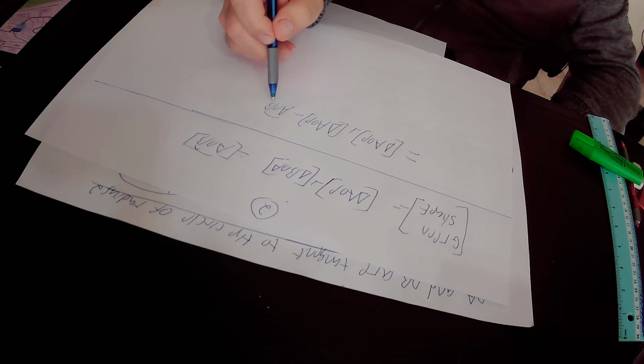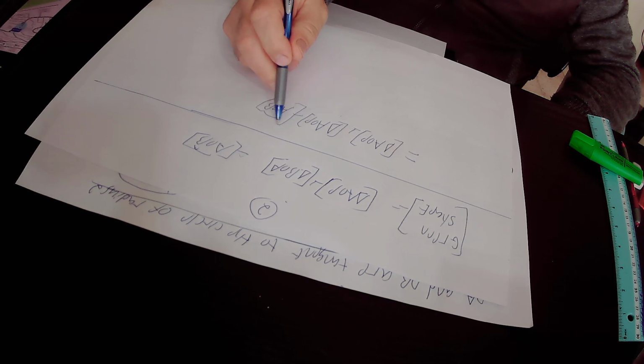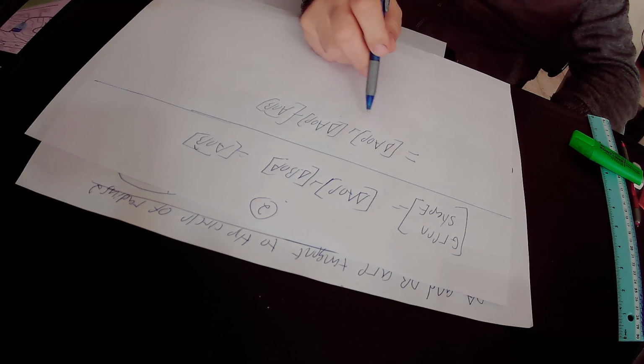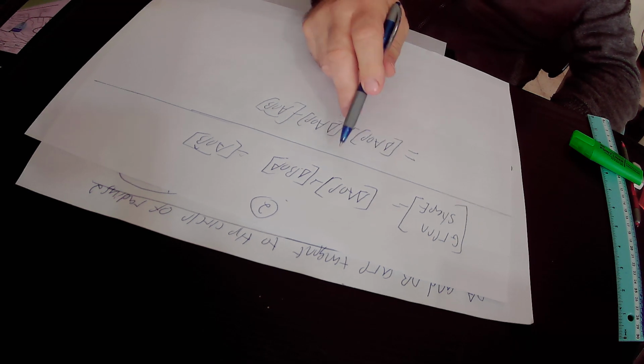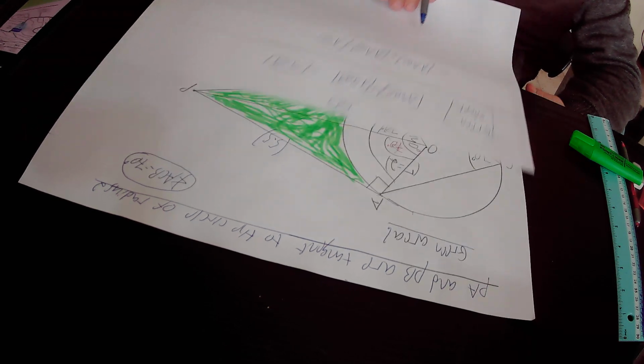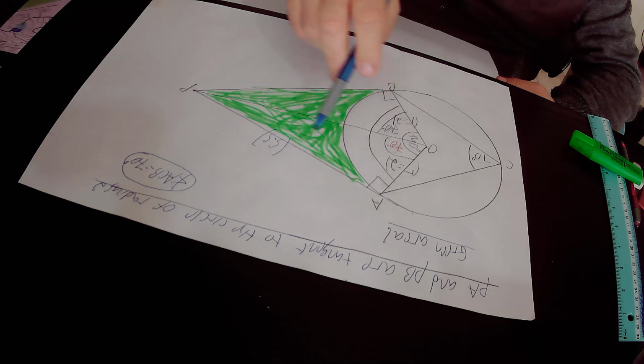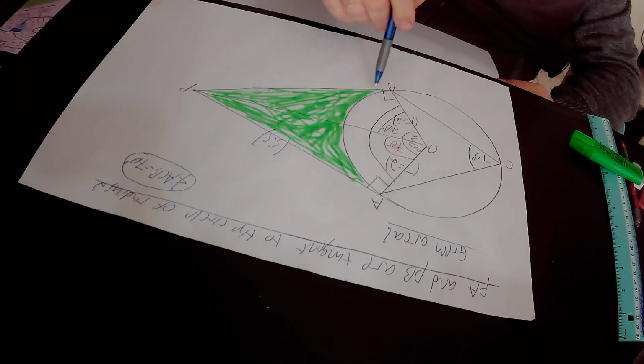Repeat again that the sum of the areas of those two right triangles will give us the area of quadrilateral AOBP, and the area of quadrilateral AOBP minus the area of this sector AOB will give us exactly the area of this green shape.